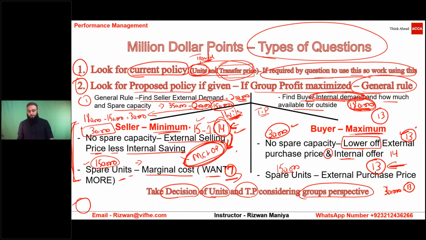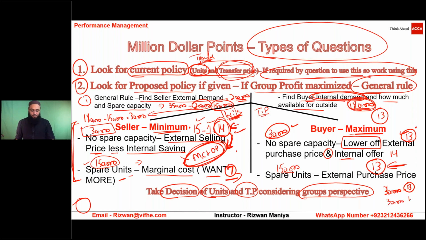Listen. If the buyer buys from outside, will this affect the seller? No. Because the seller was doing a compromise. So the seller will sell outside. No loss for the seller, no harm to the company. The seller will sell outside for 15.